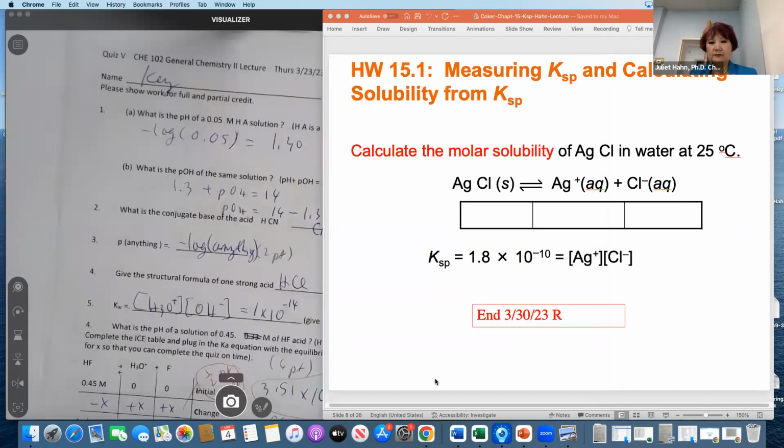This is where we left off. Did I hand out 15.1? I did not. Okay. Then I probably have 15.1 here. Did I say I had not printed out 15.1? That's possible.